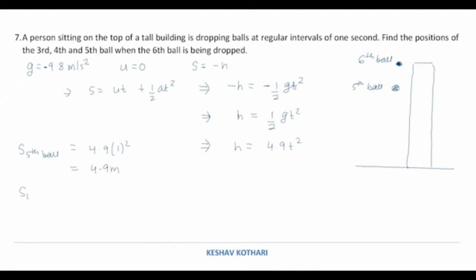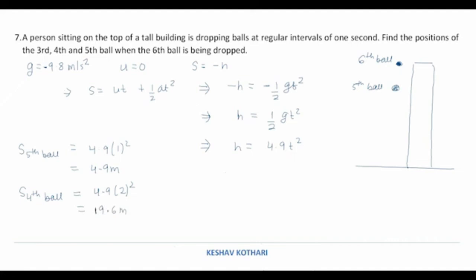For the fourth ball, it has traveled for 2 seconds and we write it as 4.9 into 2 square. So 4.9 multiplied by 4 gives us 19.6 meter from the top of the building.